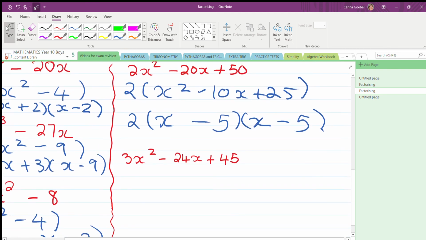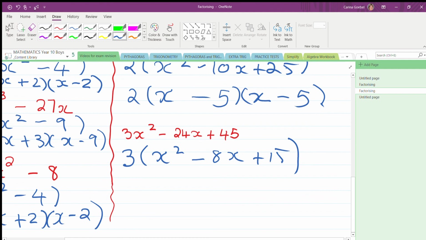One last one quickly. This one is divisible by 3. Check for a common factor. You're left with x squared minus 8x plus 15. 45 divided by 3 is 15. 24 divided by 3 is 8. You will then see that that is a trinomial, which can be factorized further. X and x.